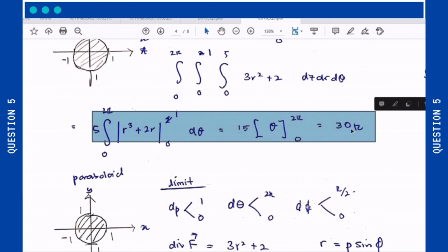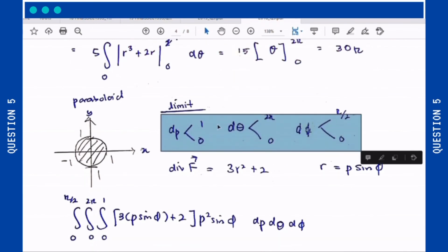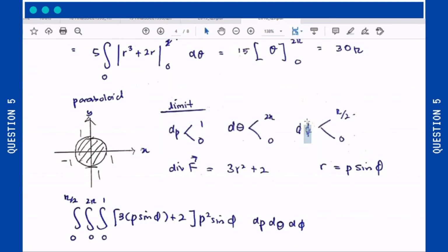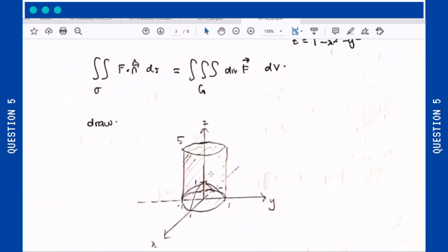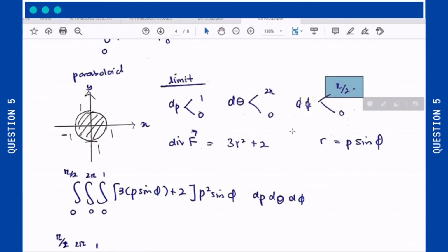Next we find the volume of the paraboloid, where we use spherical coordinates, d rho, d theta, and d phi. I'm sorry for this, but this is actually d phi, and we know that rho is from 0 to 1. The angle theta is from 0 to 2 pi, and for phi we look from the z-axis, from here until here, and we know it is actually 90 degrees.